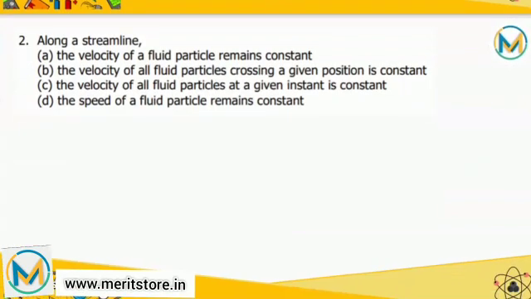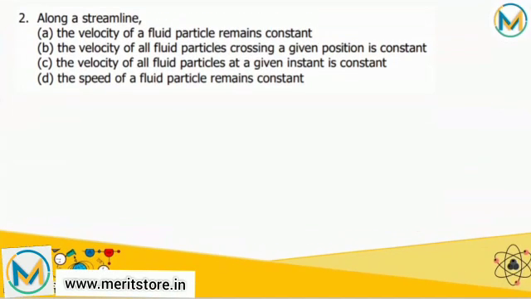Looking towards the next question. Along a streamline. So as discussed, we know that in a streamline flow of a liquid, the velocity of each particle at a particular cross section is constant, because we know that AV equals constant according to the law of continuity between two cross sections of a tube of flow.